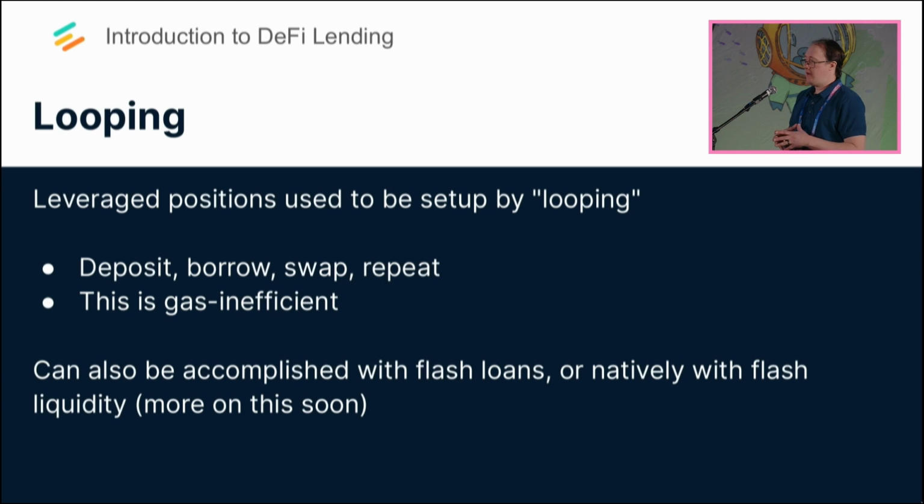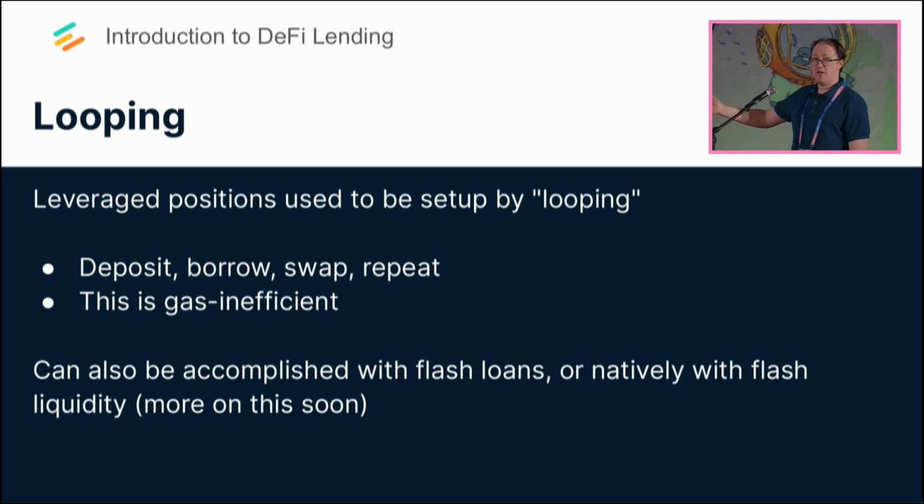Traditionally, these leveraged positions were set up with a method called looping. Looping is basically just depositing into a lending pool, borrowing as much as you can, swapping it back into the collateral, and depositing that again, and repeating and repeating. That will end up with a position as leveraged as you desire and also allowed by the lending pool.